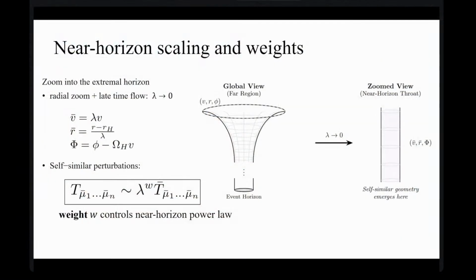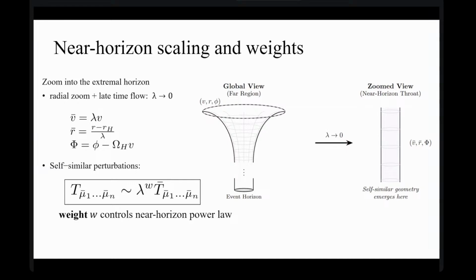First of all, extremal horizons have developed this long infinite throat, meaning that the proper distance between the horizon and some point outside of the horizon goes to infinity as you approach extremality. That's seen in this infinite throat here.